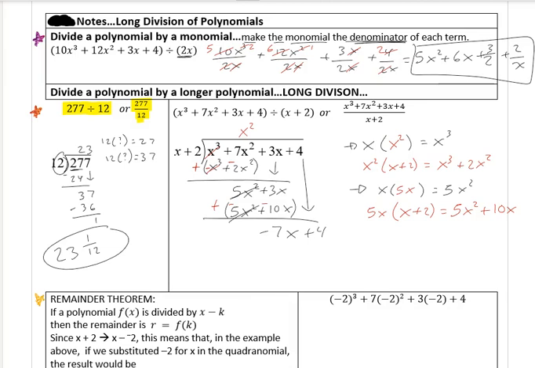I go one more time. X times what equals a negative 7x. My answer is negative 7, so I take the negative 7 and I multiply it to x plus 2. And I get negative 7x minus 14. I subtract that. Change signs.